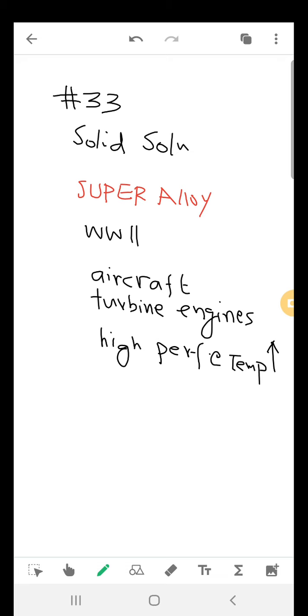And apart from this high temperature performance, these superalloys were also required to give good low temperature ductility, as well as surface stability.